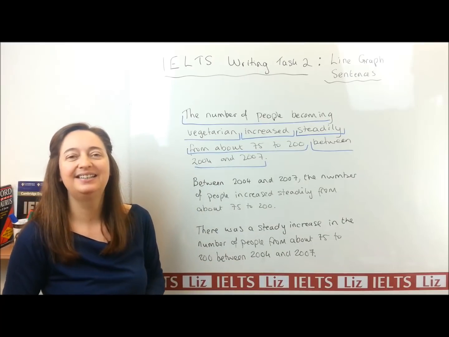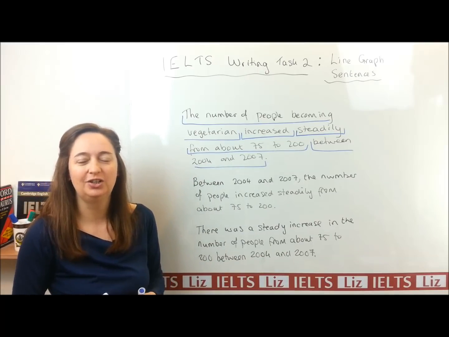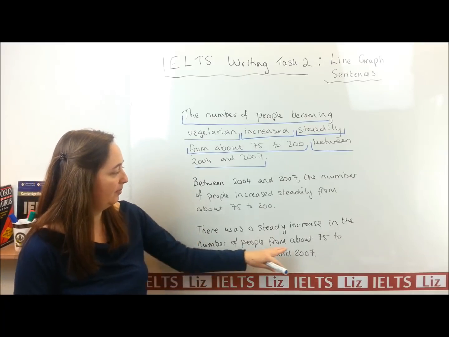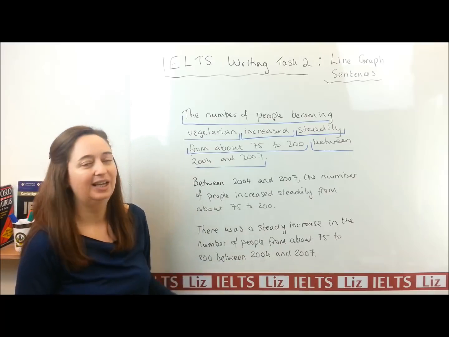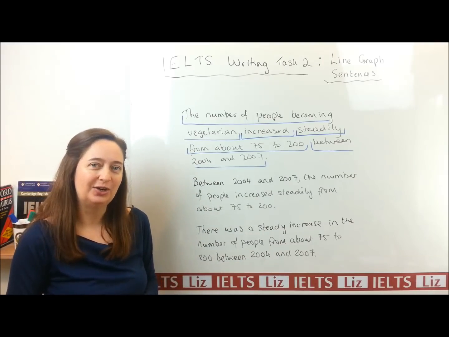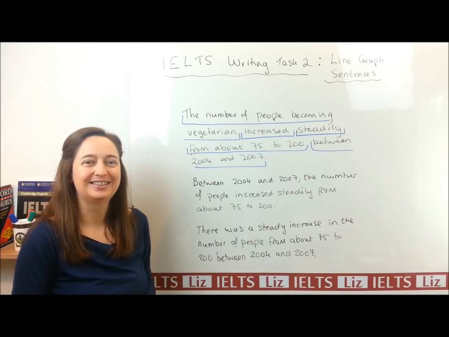So that is another way to structure your sentence and still give all the information we need with the numbers and the dates. Now there's one more way that I'd like to show you, so let's have a look.